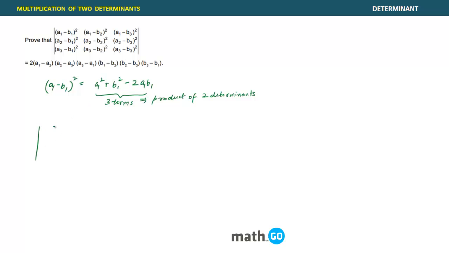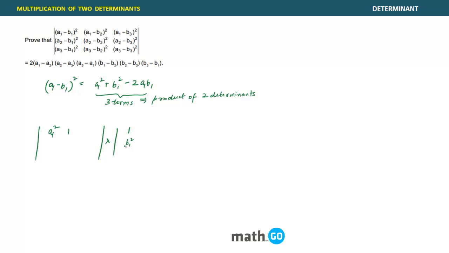So the first element you want is a1 square, so I just straight away put a1 square here, right? Now in the next determinant that you are going to multiply, I need this 1 here. Now you want the next term to be b square, so let's take b1 square. Now I am basically giving you an example of column multiplication also.